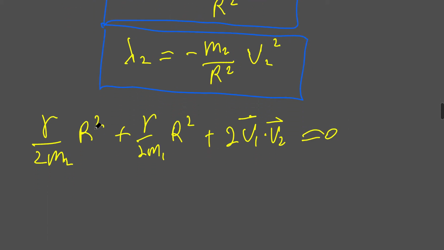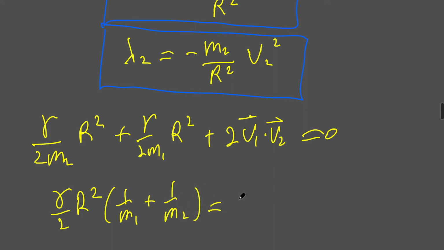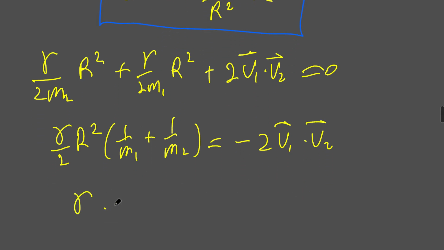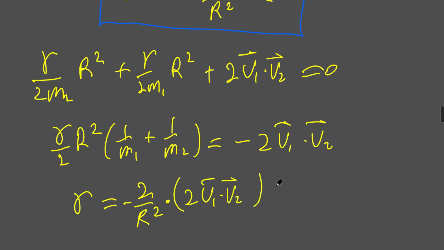So here now we can solve for gamma. So we find gamma divided by 2 times r squared times 1 over m1 plus 1 over m2 equals minus 2 v1 dot v2, or gamma is equal to 2 over r squared and a minus sign, and there's another factor of 2, and then the inverse of this is m1 m2 over m1 plus m2.